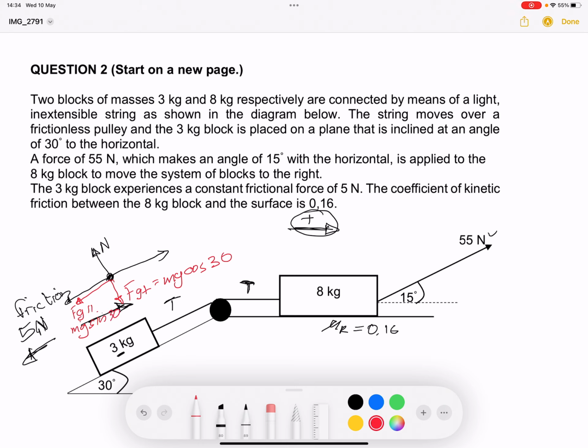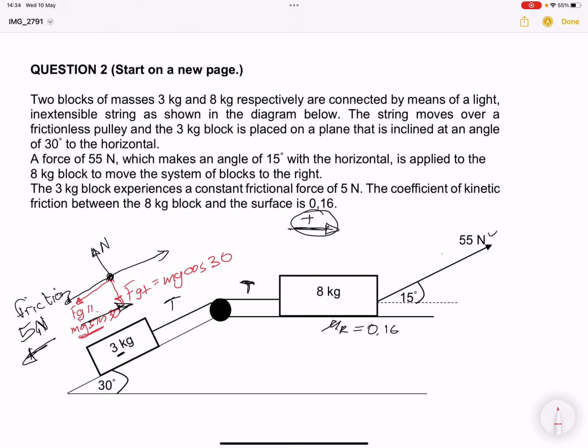Please keep that in mind. So there's a difference when I talk about a force that's pulling at an angle, and when I talk about an object that is on an inclined plane. And again, if you don't understand that, please just go and watch our videos on this particular section.